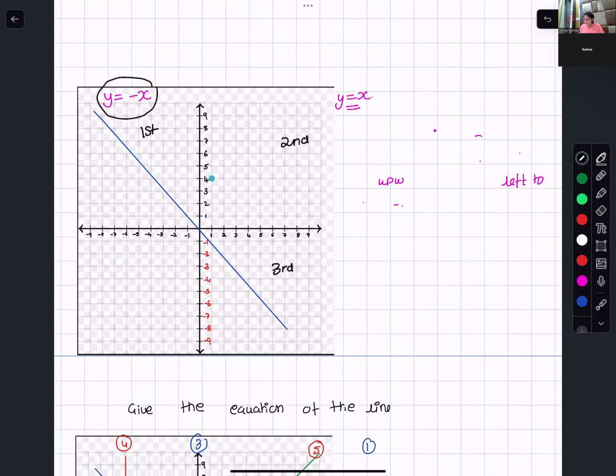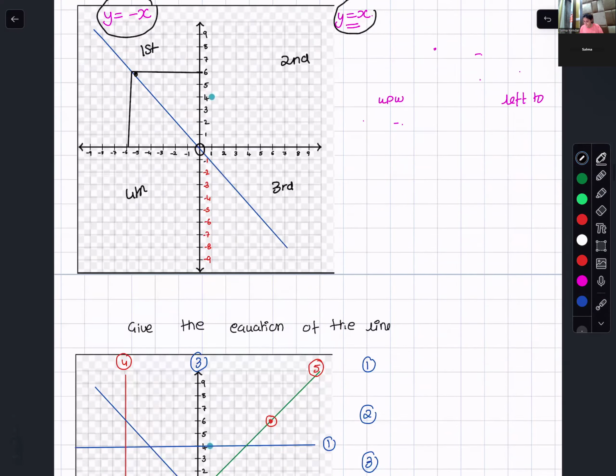But if it is on the first and the third quadrant, then the equation is y is equal to x, or vice versa. The x coordinate will always be equal to the y coordinate. The condition is that it should pass through the origin.